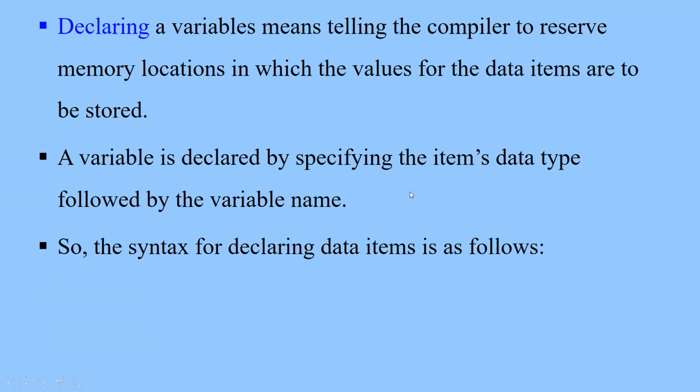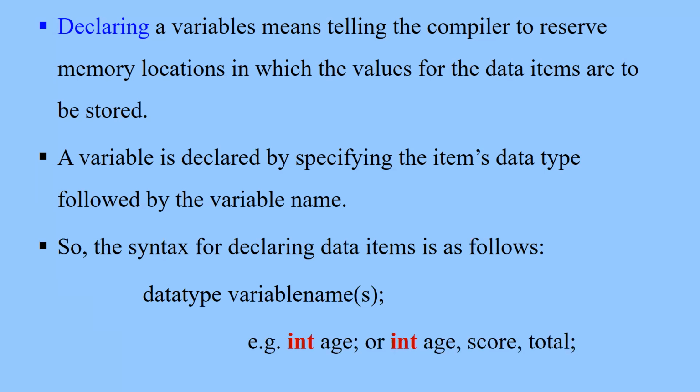So the syntax for declaring data items, or setting memory locations assigned to be used for a certain purpose in C, is as follows: data type, then space, variable name or variable names, and a semicolon. What does that mean? It means that you tell the compiler what type of value a certain memory location will hold.